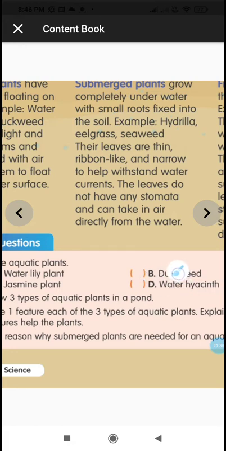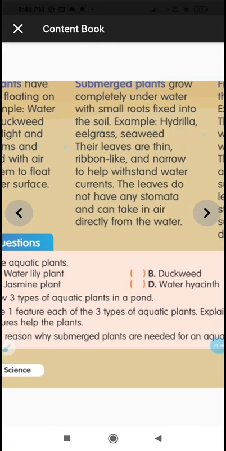Duckweed is also an aquatic plant and it comes under floating plants. And water hyacinth is also an aquatic plant and it is also a floating plant. So you just tick those plants, children.